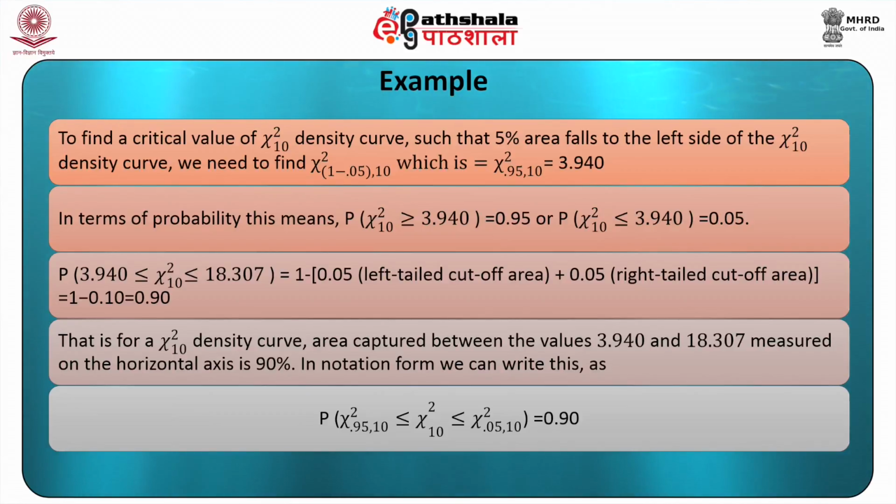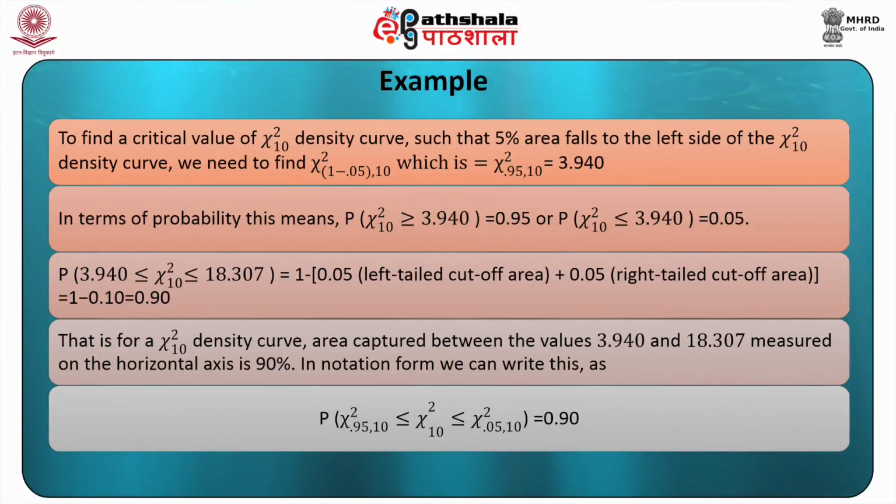Additionally, we can also say that probability 3.940 less than or equal to chi-square less than or equal to 18.307 is equal to 1 minus 0.05, which is your left-tailed cutoff area, plus 0.05, which is our right-tailed cutoff area, and hence is equal to 1 minus 0.10 is equal to 0.90.